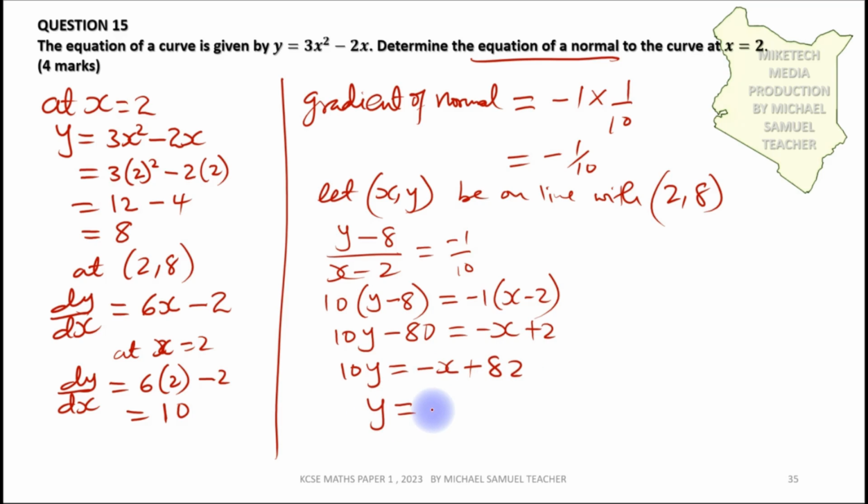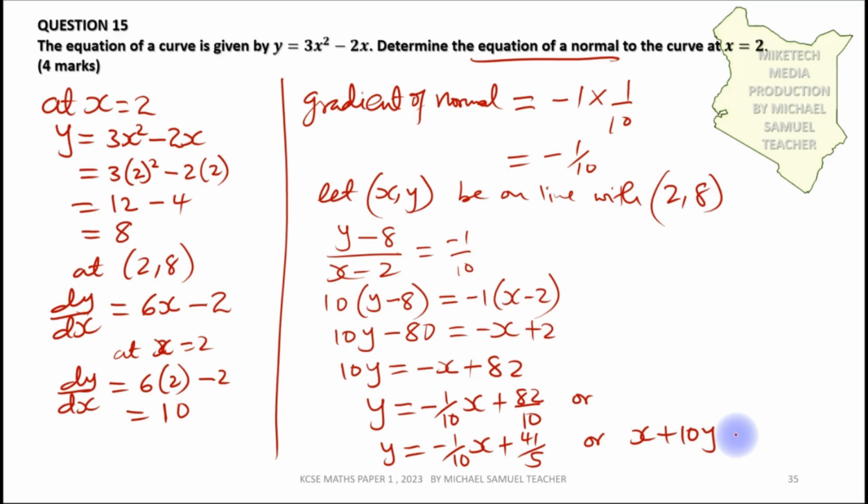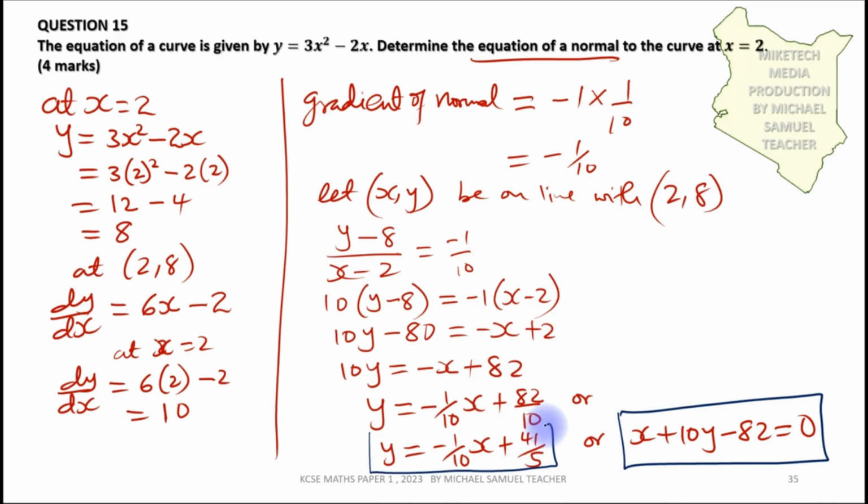Therefore y is equal to minus 1 over 10 x plus 82 over 10, which is actually 41 over 5, or y is equal to minus 1 over 10 x plus 41 over 5. Or simply, if you write it this way, x plus 10y minus 82 is equal to 0 will also be accepted. So either of these is accepted.